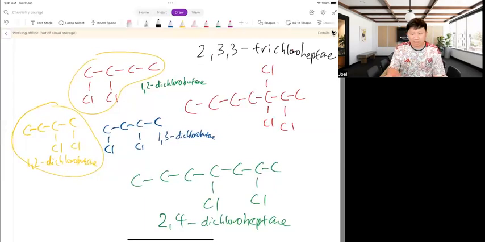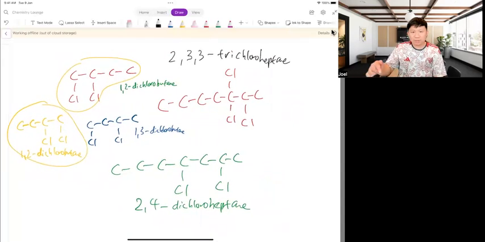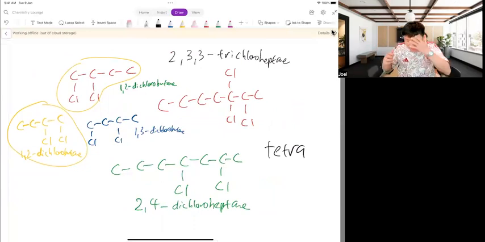How about 4? So 1 is chloro something, 2 is dichloro, 3 is trichloro, 4 is what? Very good, tetrachloro. Then you need to put 4 numbers there. Some knowledge. I say naming is not syllabus, but you need the knowledge.